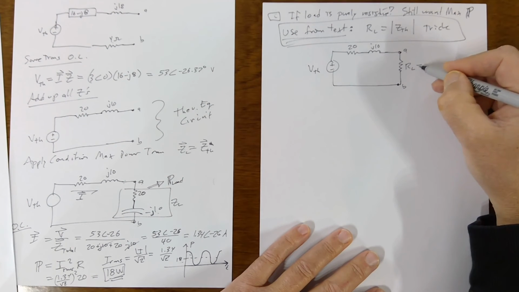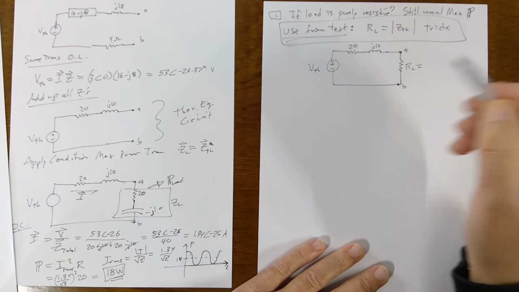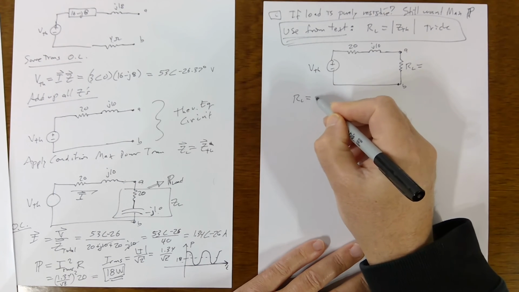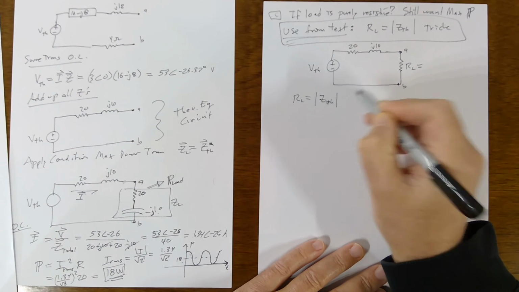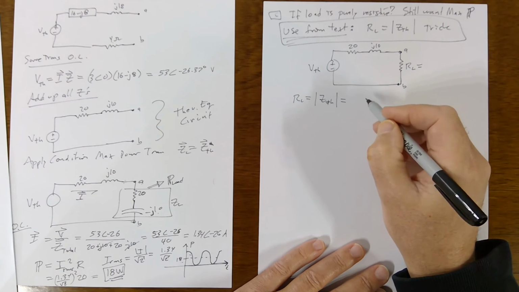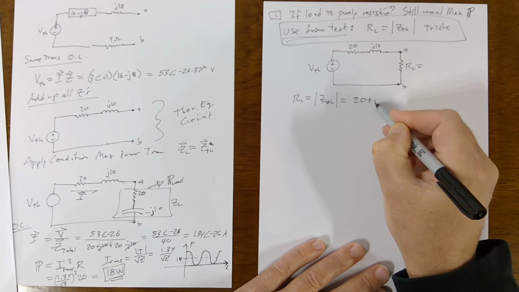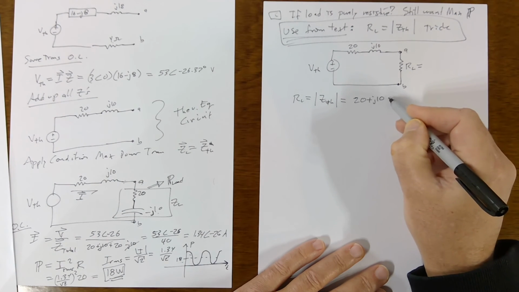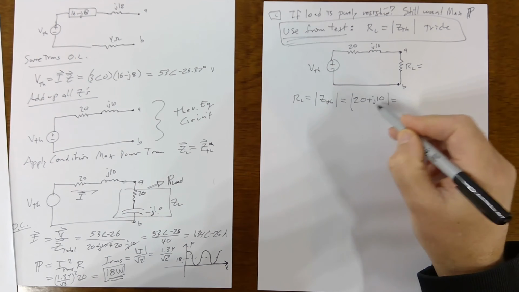And what is this value? R load is the magnitude of Z sub Thevenin, and Z sub Thevenin is 20 plus J10, magnitude. This is rectangular.